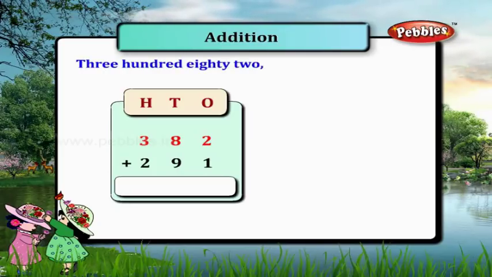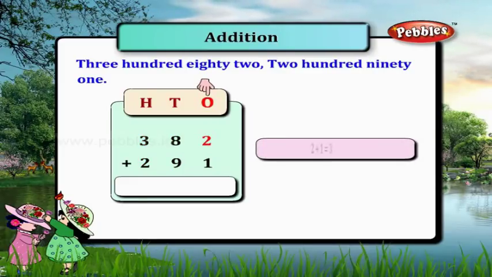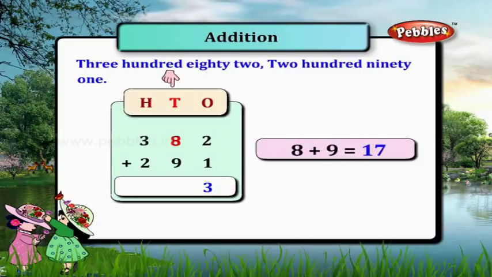382 plus 291. Add the ones. 2 plus 1 is equal to 3. Add the tens. 8 plus 9 is equal to 17.